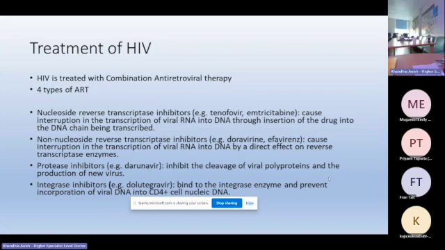You've got the non-nucleoside reverse transcriptase inhibitors, which do a similar thing on a different enzyme. You've got protease inhibitors, which stop the production of new viruses, and then integrase inhibitors, which stop the DNA that's been produced from reverse transcriptase in the viral RNA from being integrated into the CD4 cell nucleus and nuclear DNA.